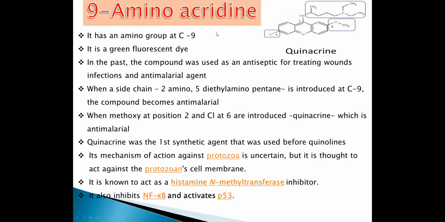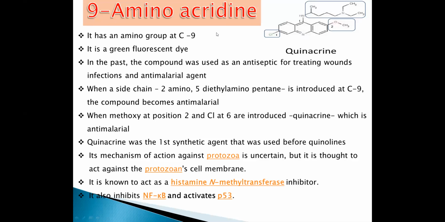It contains a methoxy at the 2nd position and a chloro at the 6th position, and the 9th amino group contains a 2-amino diethylpentane attached to carbon number 9, which is similar to the chloroquine and primaquine substitution. That is the structure of quinacrine. Quinacrine was the first synthetic example.